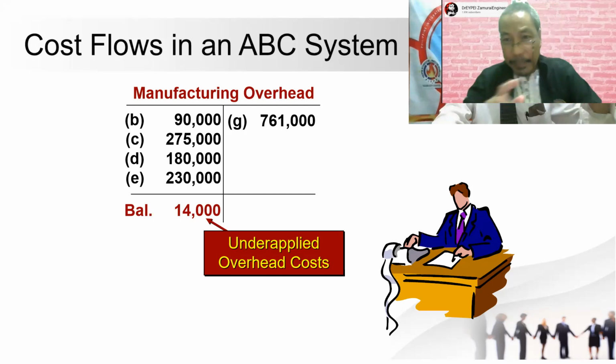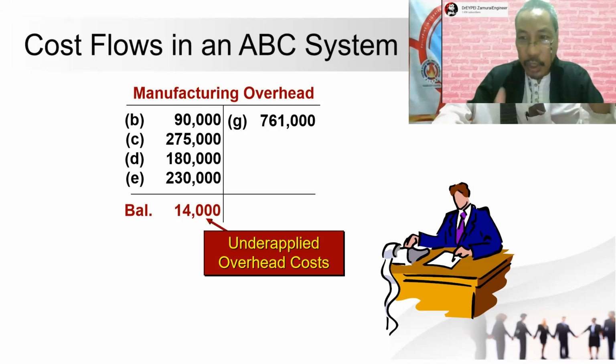Now, if the answer is positive, you have to write it on the right side. That's why it is written down on the right side. The right side is debit. On the left side is credit. If the answer in your calculator is negative, do not write the negative symbol. Instead, write it on the right side, because the right side is credit.